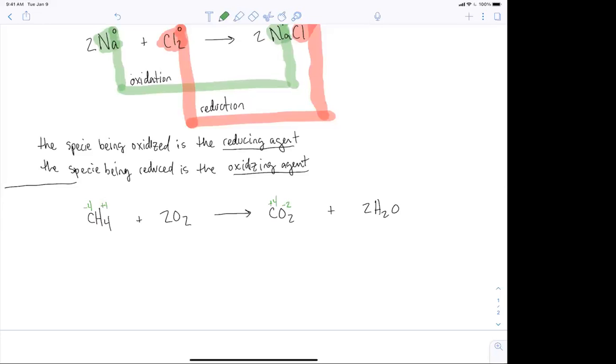And so now we see that the carbon has changed oxidation states as we go from one side of the reaction to the other. And since it's becoming more positive, that means that it's losing electrons.